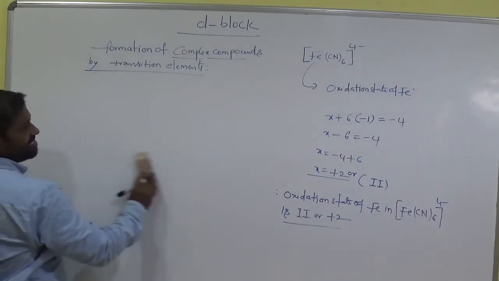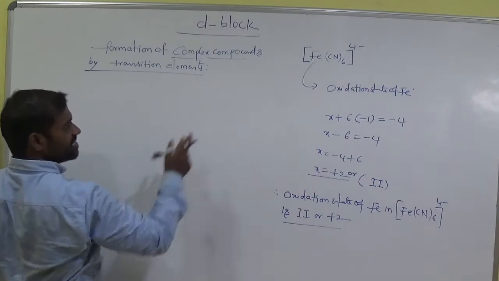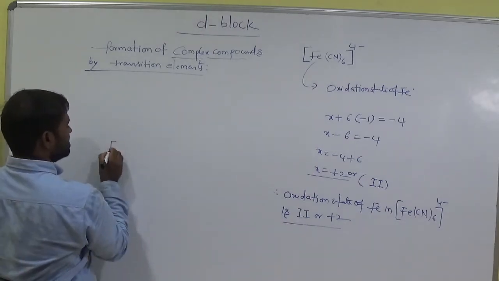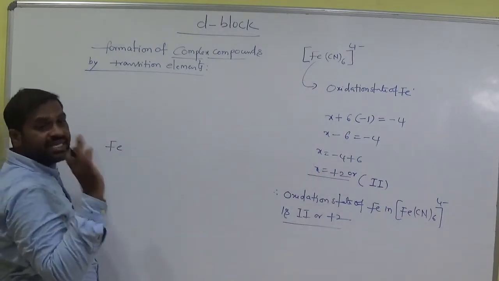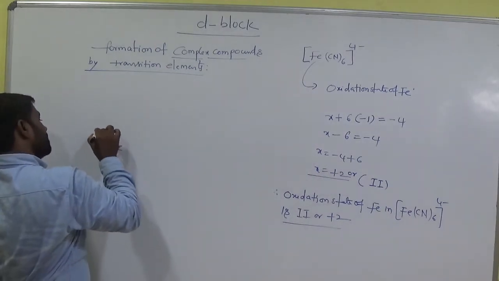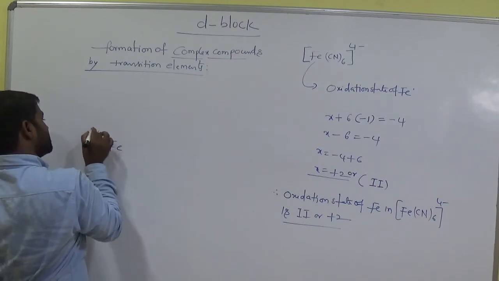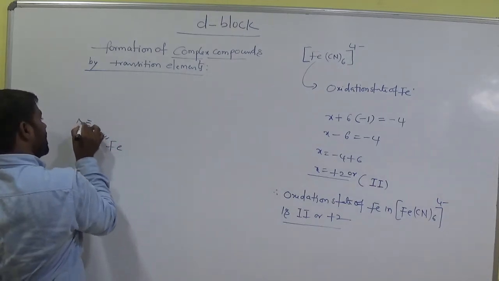So now let's see the structure of this one. What is the central atom here? This is the iron. How many cyanides are attached to the central atom? 6. Okay. So now this is C triple bond N, cyanide.